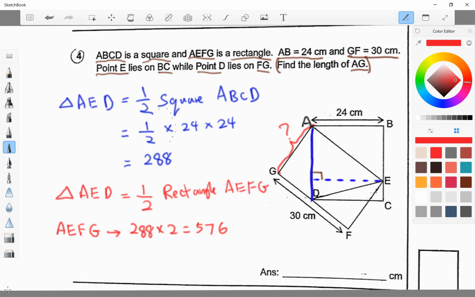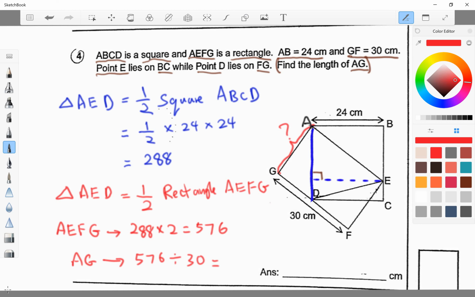And if 576 is the area of rectangle AEFG, and I wish to find the breadth AG, I'm just one step away, because GF, which is given to us as 30 cm, happens to be the length of AEFG. So AG, the breadth, has got to be 576 divided by 30.